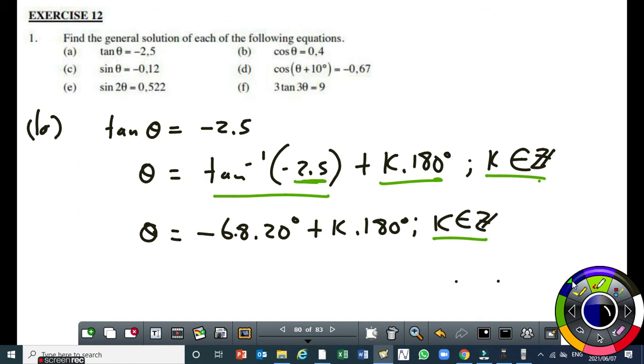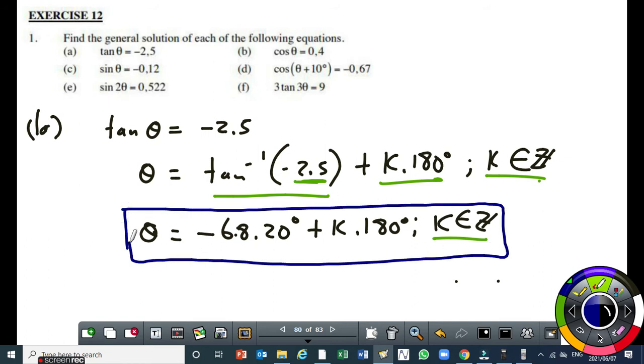Now, what I have written here is the answer, and this answer is called the general solution. By the word general, it means it's just a formula that you can use to determine all the solutions. This is the general solution of this trigonometric equation. If you want to find values of theta, say between minus 360 and 360 degrees, you start substituting this k.